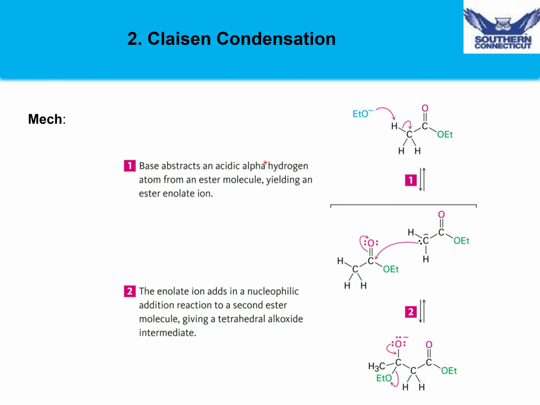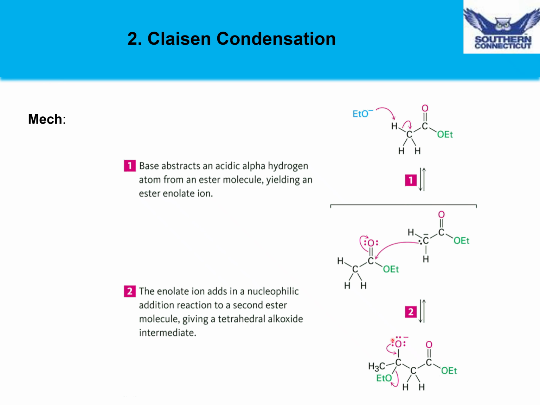Let's take a look now at the mechanism for the Claisen reaction. So the reaction starts with a base such as ethoxide deprotonating an alpha hydrogen on one of the ester molecules. That forms an enolate as shown here, which will attack the carbonyl of another ester molecule, forming a tetrahedral intermediate as shown in the next structure.